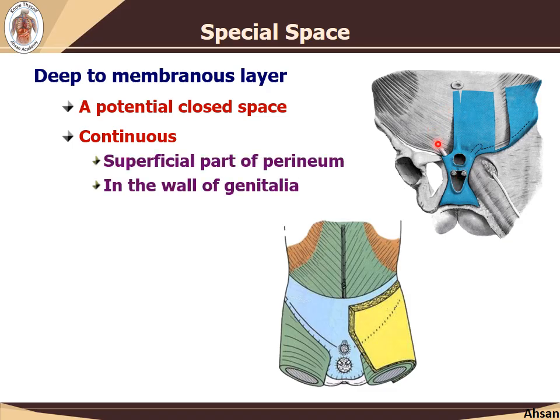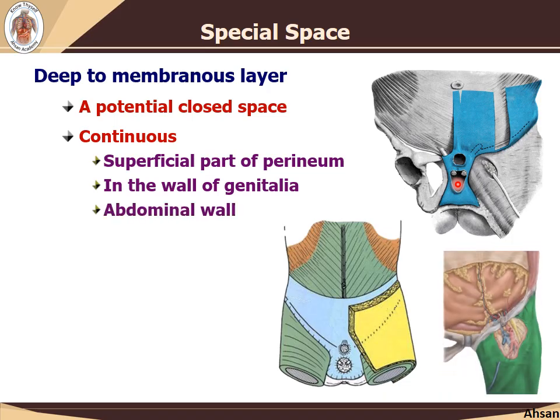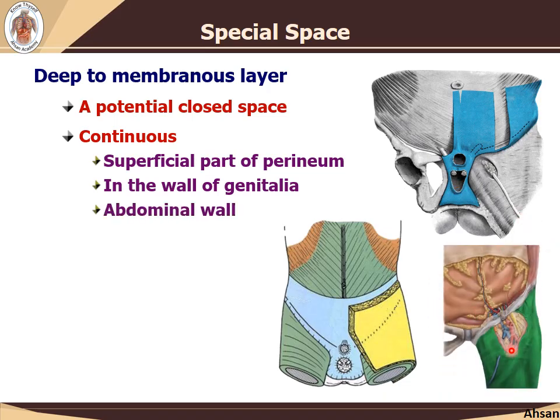If you pour fluid here, it will collect here and then move to the perineum. The perineum will be balloon-like, then fluid will be in the wall of the penis, or in the external genitalia of the female. So the fluid cannot pass to the thigh.